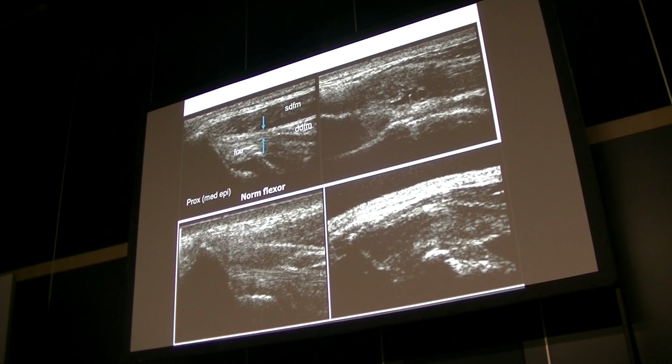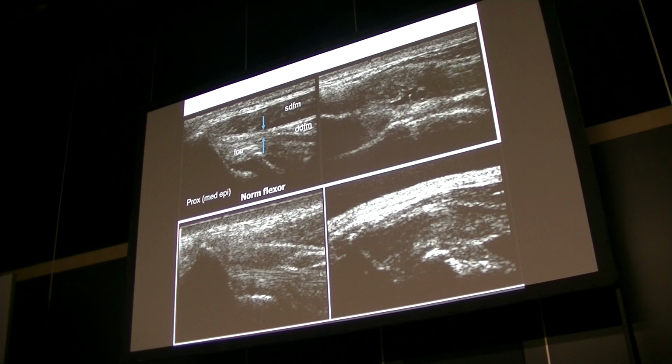Also longitudinal images, where we see the outward bowing of the tendon, the heterogeneous aspect, small dark spots, hypoechogenicity, overfilling of the joint, this is fluid, thickening of the tendon.